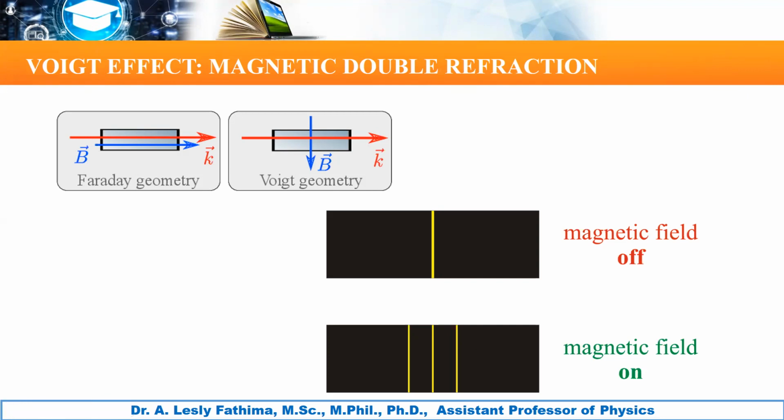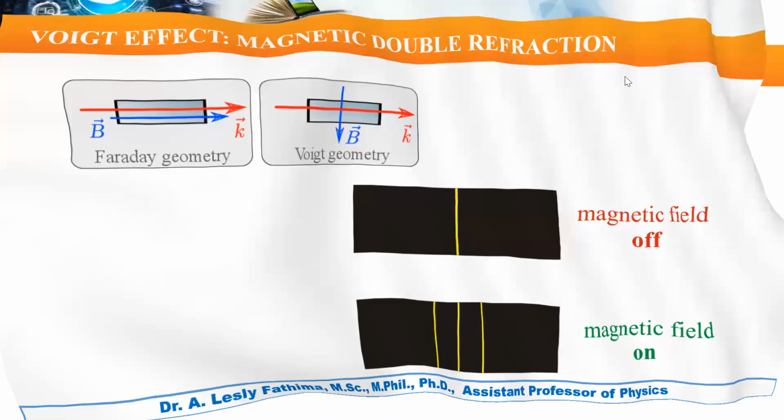Since these components have different refractive indices, one component will move faster than the other, with a phase difference depending on the length of the vapor. So finally, we get elliptically polarized light. Thank you.